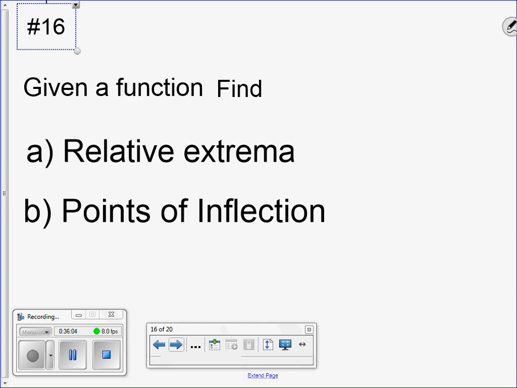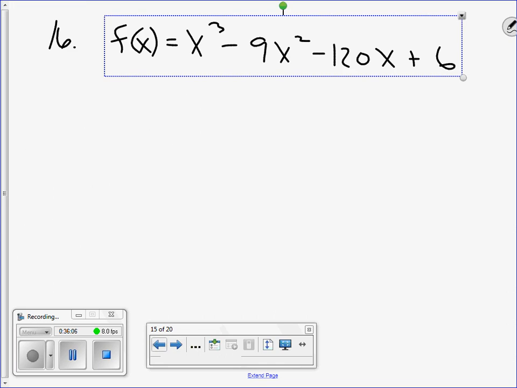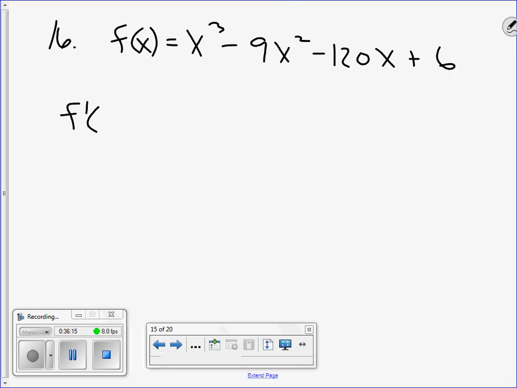So for this one, for 16, are you okay with that, or should I just do this one real quick? So you get your derivative. If they ask you for extrema, you know you're going to deal with your first derivative. Critical values, values where you could have a max or min, where the derivative is 0 or undefined. Well, it's always defined.